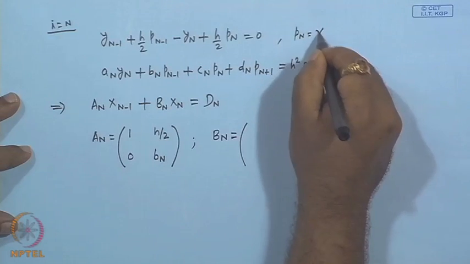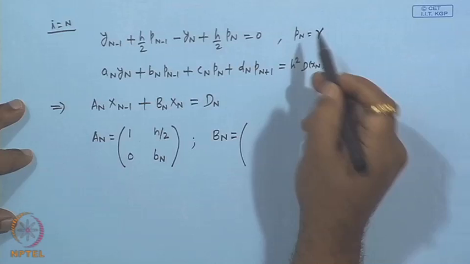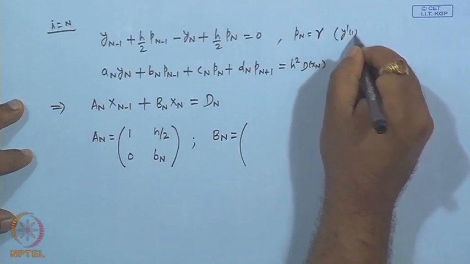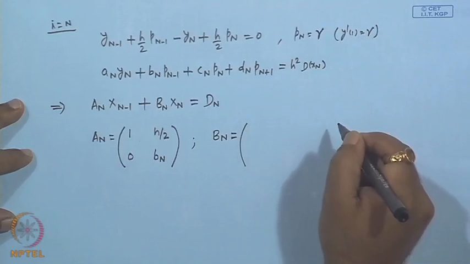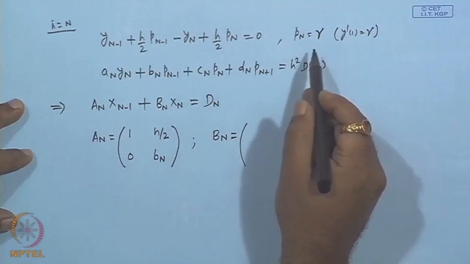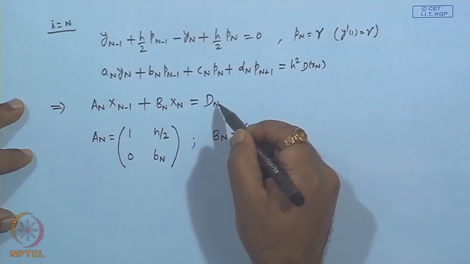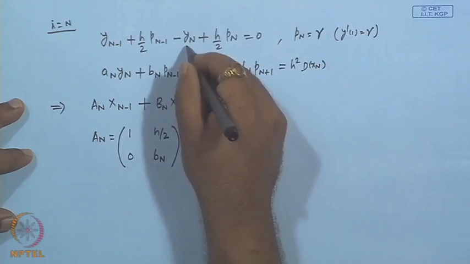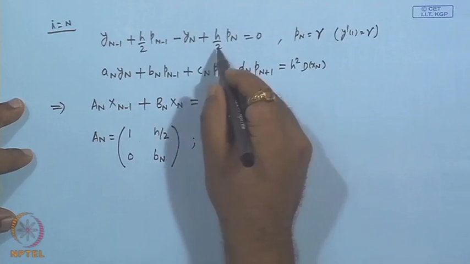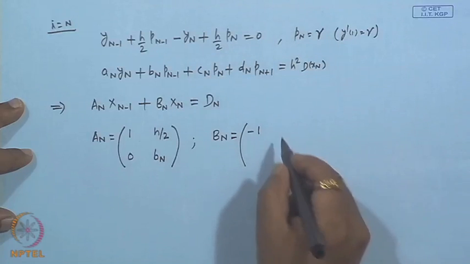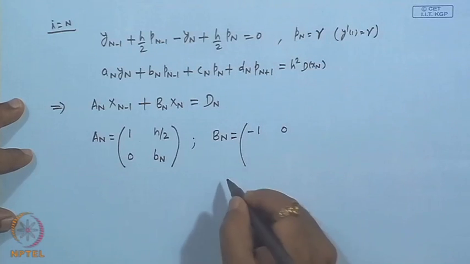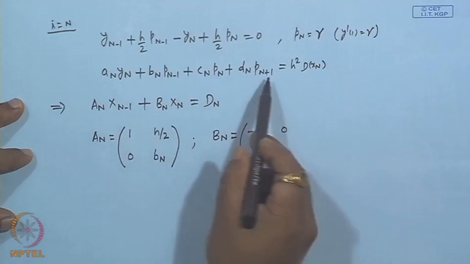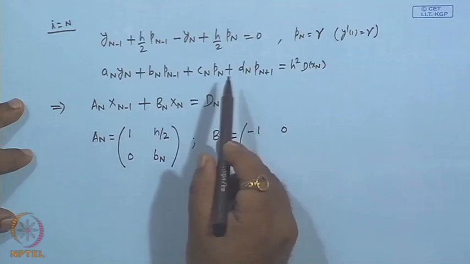It's gamma. Okay. This is a boundary condition, because y dash of 1, which is p n. So, this term has gone to the right hand side of d n. So, we can expect minus 1 there and there is no as such p n left. So, 0 there, whereas here we have y n and p n plus 1. Okay.